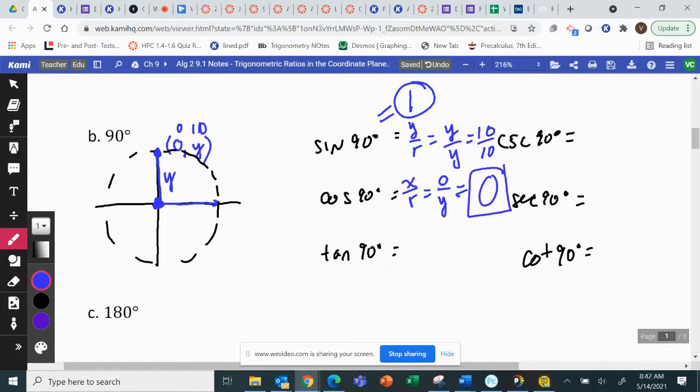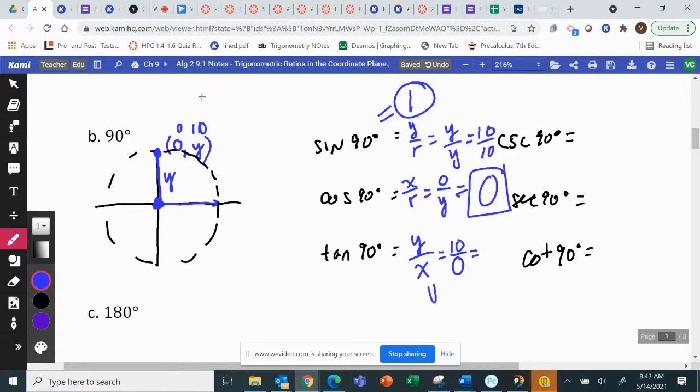And then we do tangent, and tangent is x. Nope, tangent is y over x. And I put my y in, which I don't care if you use y or if you use 10. It does not matter, because as soon as I put my x value in of 0, what is the tangent?